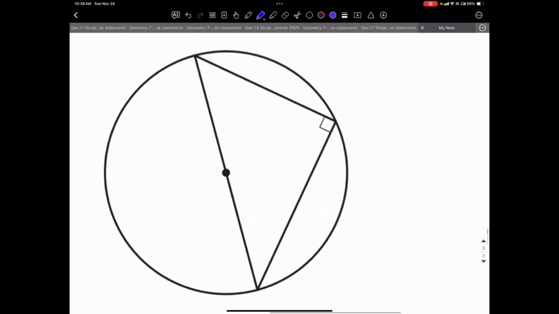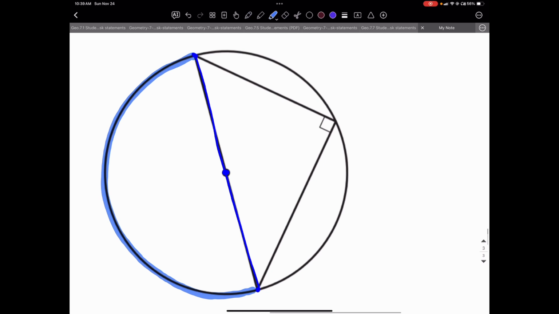Notice the hypotenuse of that triangle is a diameter. It's going from edge to edge and it passes through the center. Since it's a diameter, that means this arc is going to be 180 degrees.